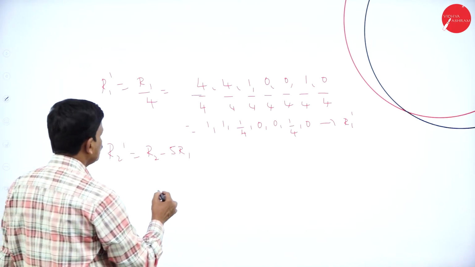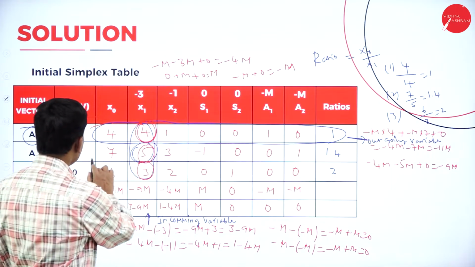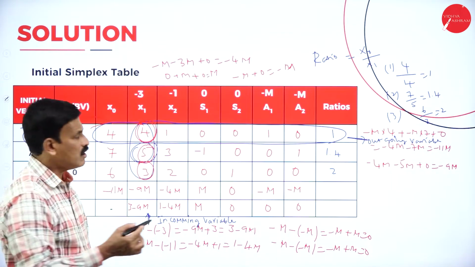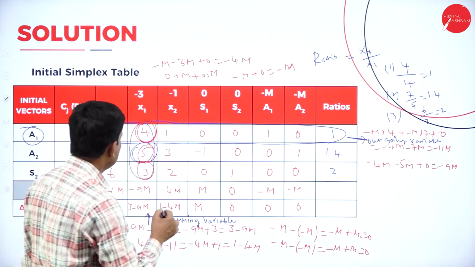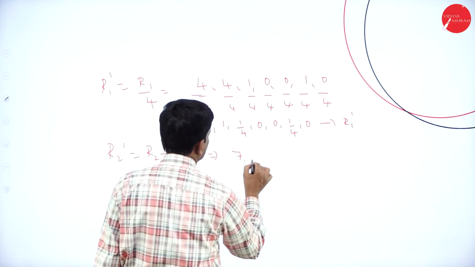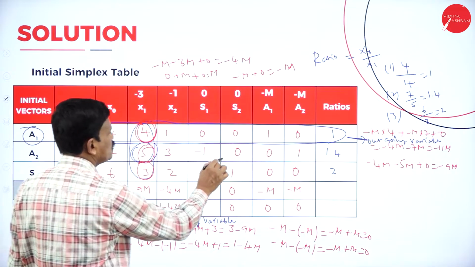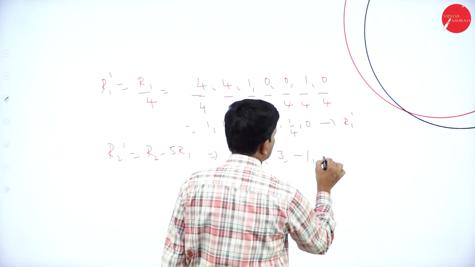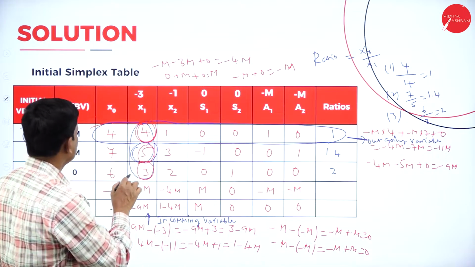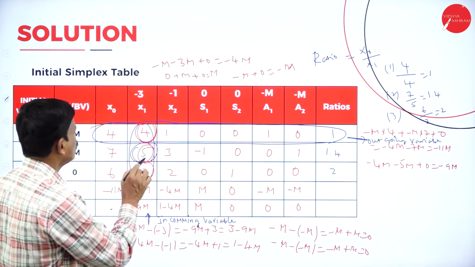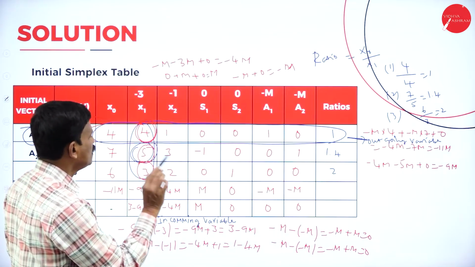Okay, listen, write down the R2. What is R2? Here, R2 is nothing but the old elements, all the elements of row 2 from the first table. 7, 5, 3, then minus 1, 0, 0, minus 1, 0, 0 and 1.